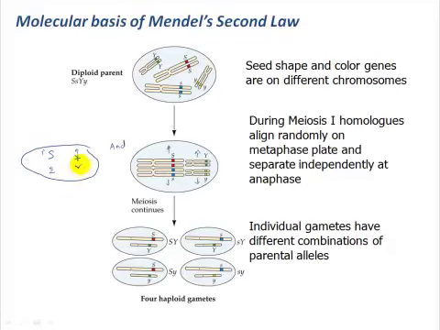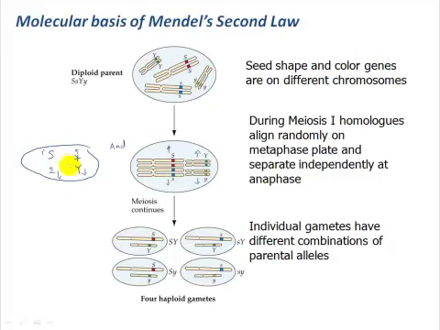And so our dominant Y homolog would align on the same side as our recessive S. And so under this scenario, dominant Y and recessive S are going to go together, dominant S, recessive Y are going to go together, whereas under this scenario, dominant S, dominant Y go together, recessive S, recessive Y go together. And so in some germ cells, we're going to have this alignment pattern. In other germ cells, we're going to have this alignment pattern.